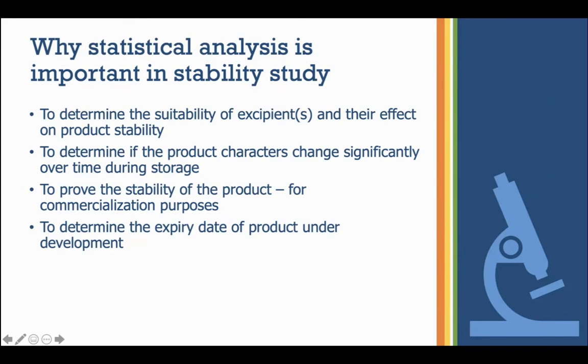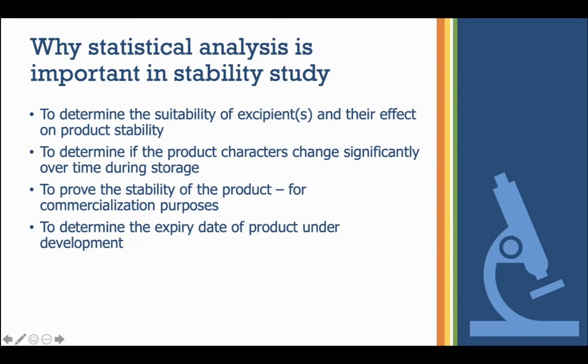But if the content of the API reduced significantly after storage, you would want to know if the change is significant or not. If it is not significant, the product can be considered as stable. And the third reason, we want to prove the stability of the product for commercialization purposes.